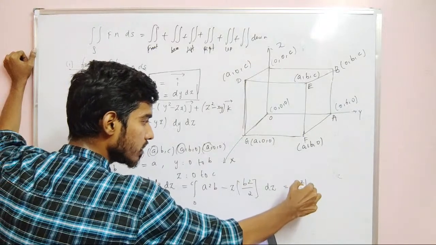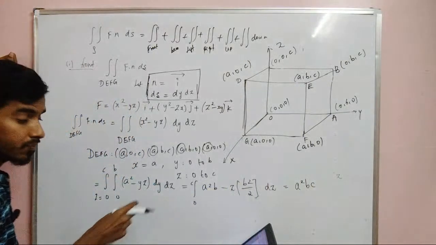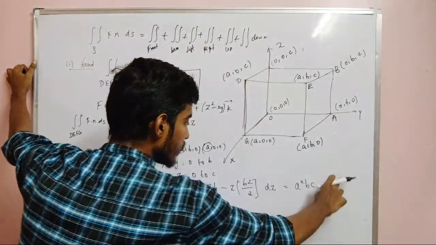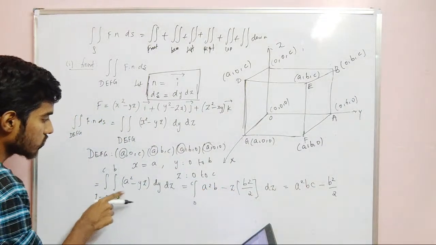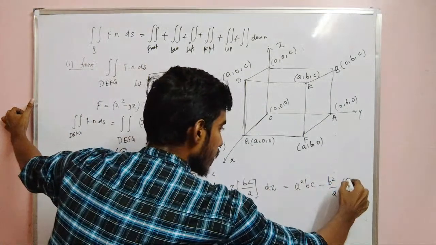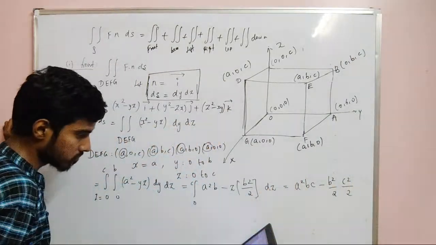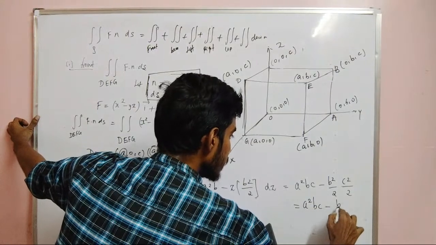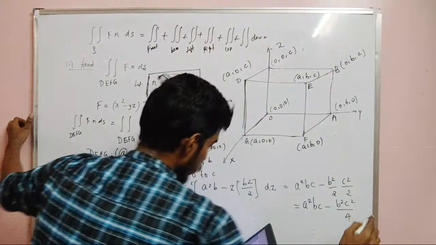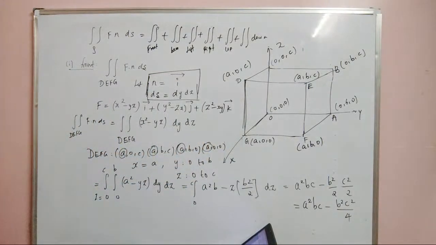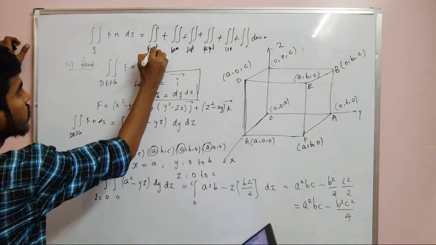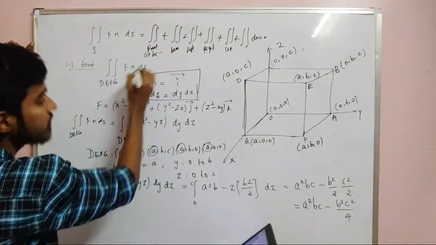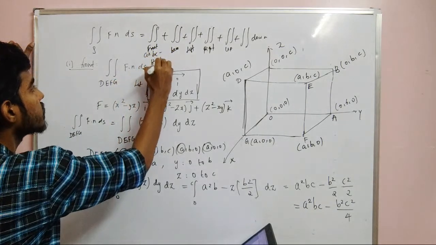So a square b is constant, integral dz is z, upper limit is c, minus, and we have b square by 2 as constant, and the integration of z is z square by 2. When I apply limit, we will have c square by 2. So this value is equal to a square bc minus b square c square by 4.